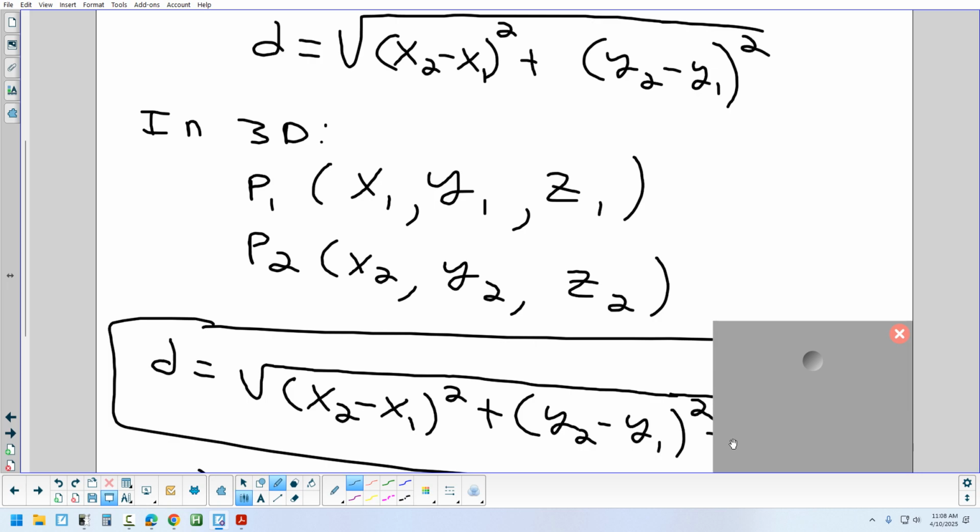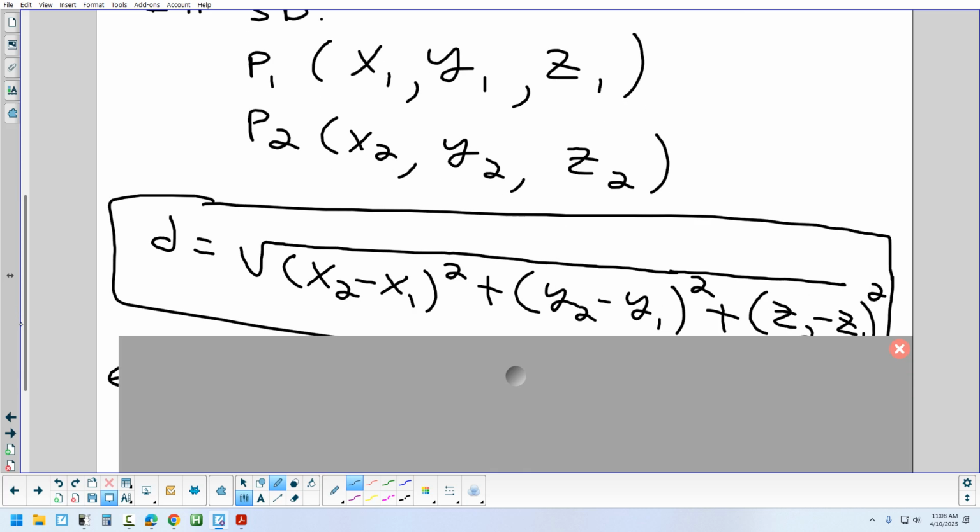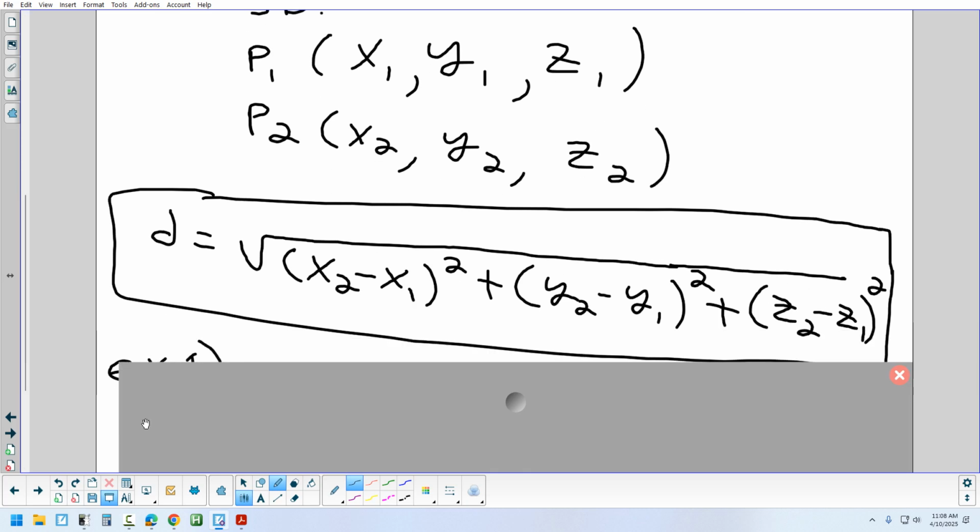And it's going to follow the pattern that you can see right there. Does anybody have a guess what the last part is that you need to add on to the end to make it 3D? Difference of z's and square root. The difference between the z's and square root. That's pretty much how every formula we extend to 3D is going to work. If you know the 2D version, you just have to do it like one more time to make it the 3D version. You have to add one more part to the formula. So what this really is, is the Pythagorean theorem, but it's 3D Pythagorean theorem. It's 3-dimensional.